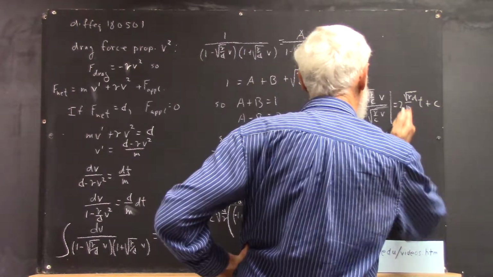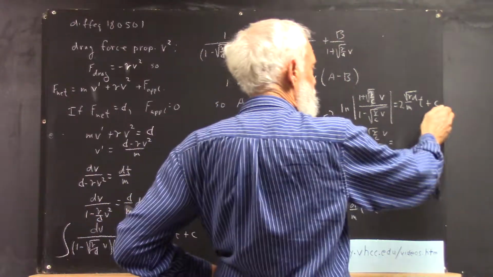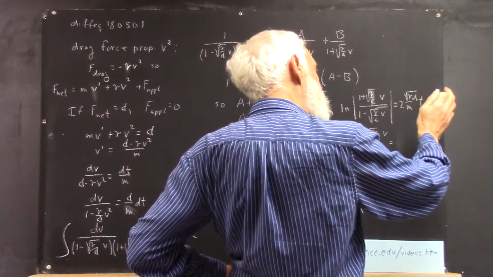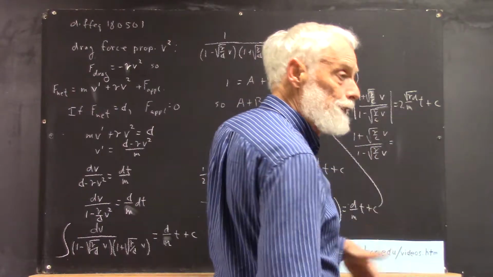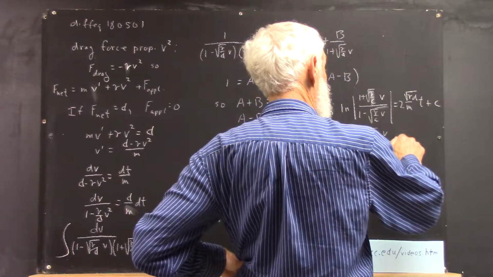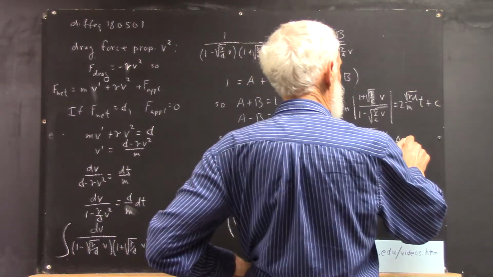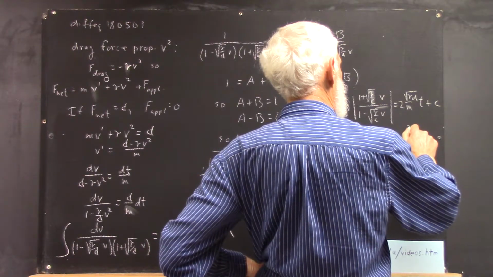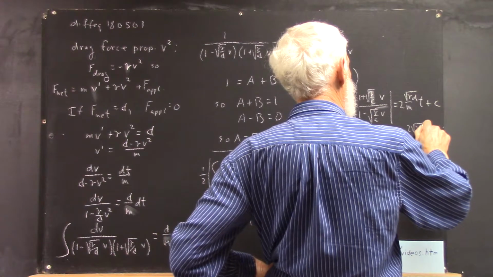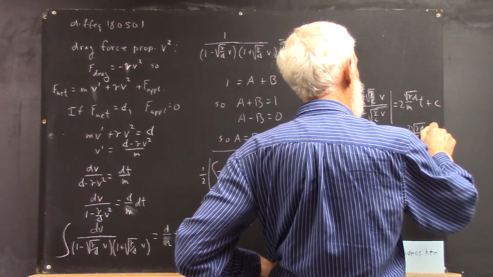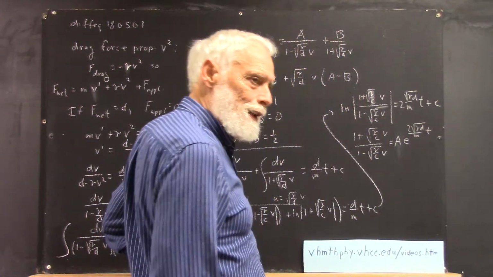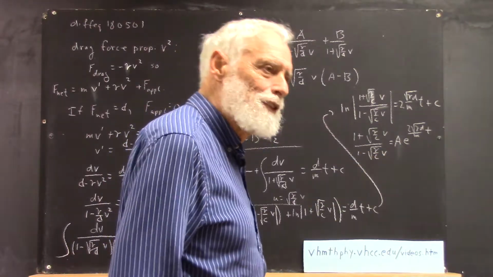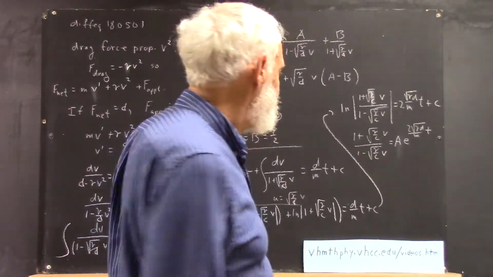Well, you know that E raised to this plus this is E raised to this times E raised to this, and E to the C is a positive constant that we'll call A. Then it's E to the 2 square root of gamma D over M times T. And at this point, you should do a dimensional analysis and make sure all that makes sense.